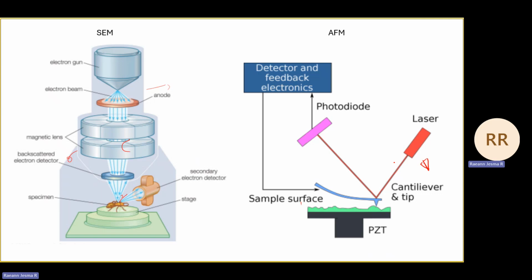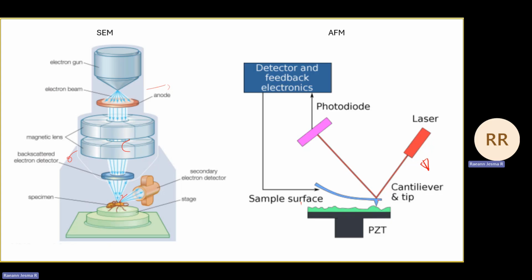So the working principle of this AFM is that we will have a cantilever assembly that will interact with the sample by some kind of tapping motion, and when the cantilever is moved along the sample, the tip can move up or down.